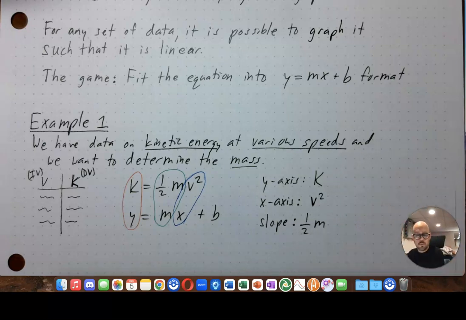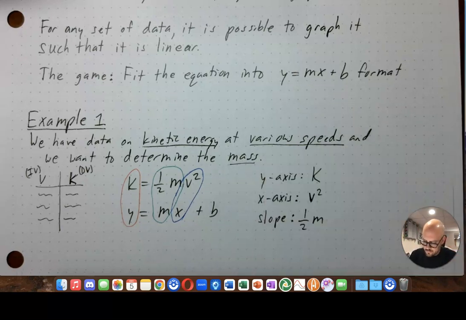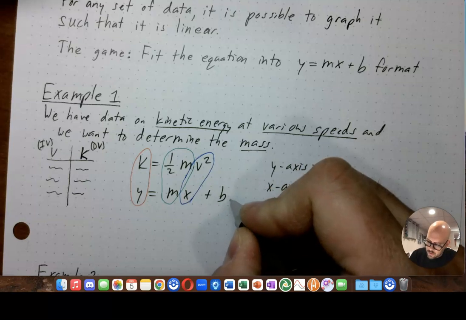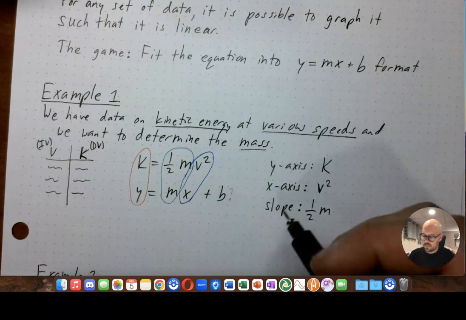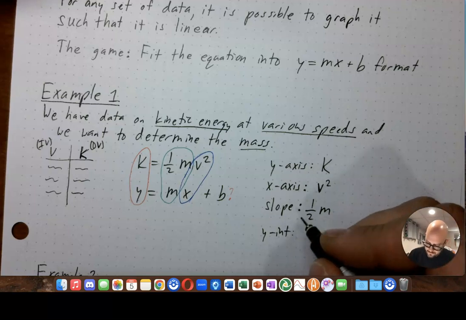So if I find the slope of this graph that I'm not going to make in this video and double the slope, I will get the mass. And then you have a y-intercept, and there's nothing in the equation left. And so the y-intercept is 0.